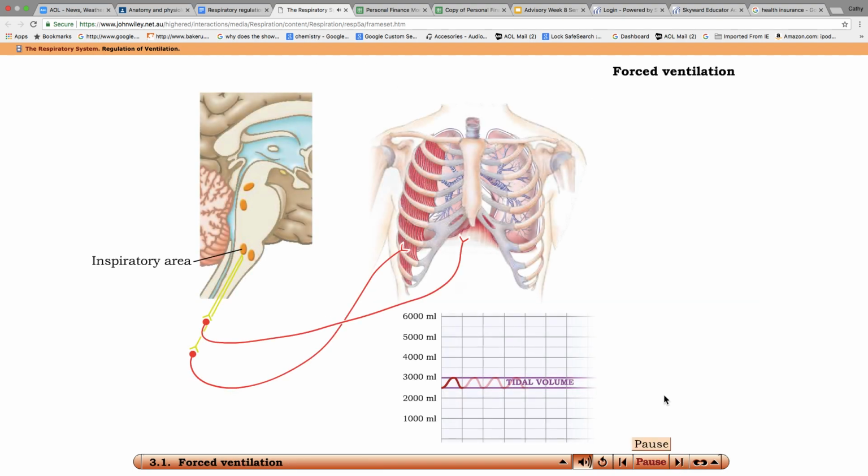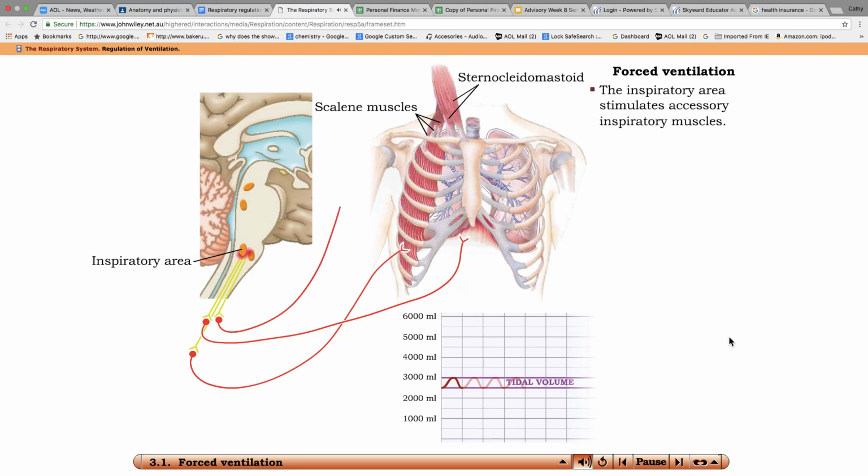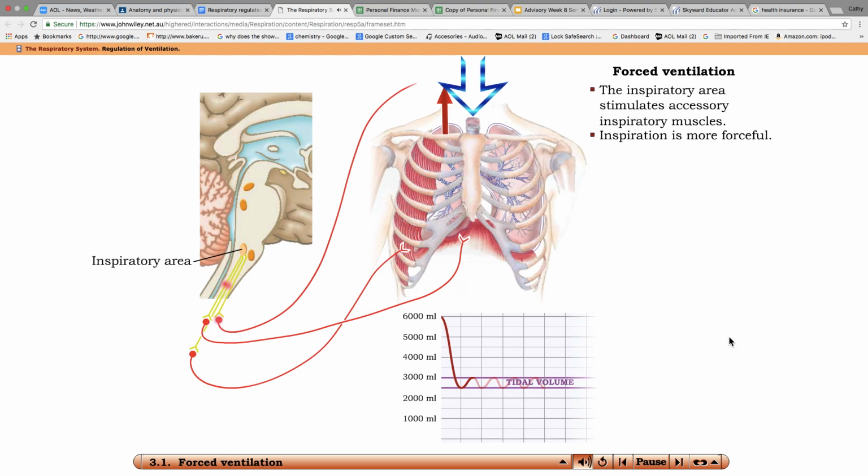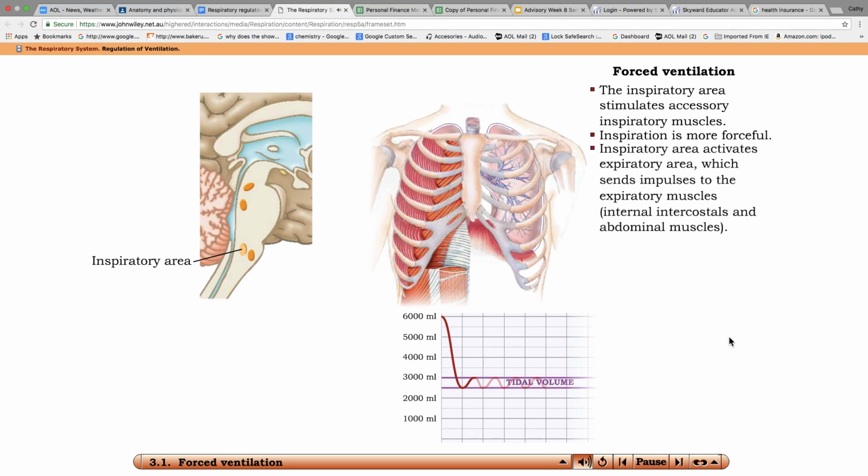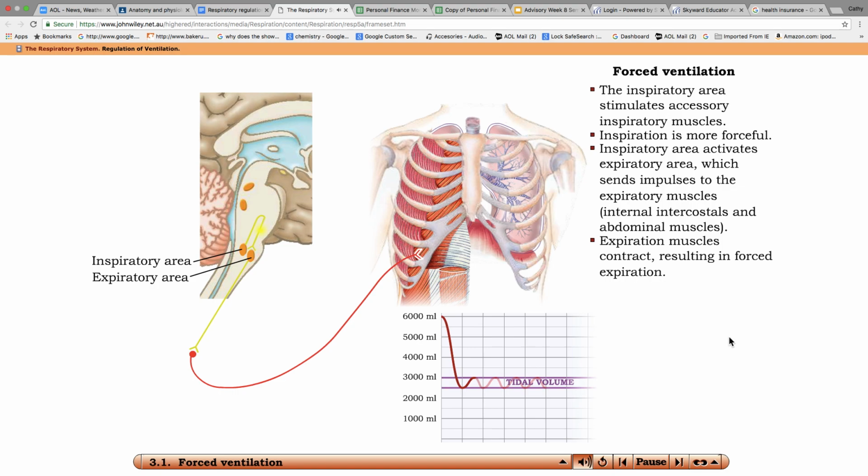When I start exercising heavier, which is called forced ventilation, not only do I need to stimulate the normal muscles, but I also stimulate the sternocleidomastoid muscles up here to help lift the rib cage even more. I also need to use the expiratory area. So in forced ventilation, you're using additional muscles in the chest to pull your chest up.